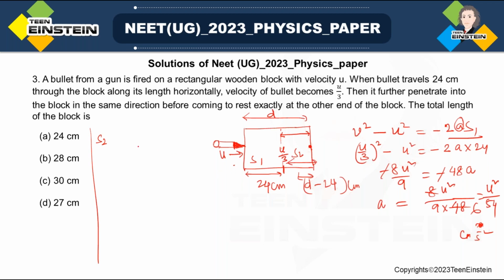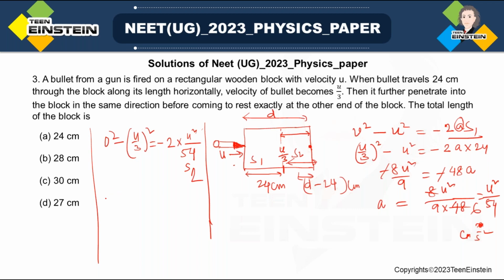Here we have to find S2, using the same formula, v square equals u square minus 2as. Here v square will be 0, the initial velocity is u by 3, and then it is minus 2a, where we have a as u square by 54, into S2.